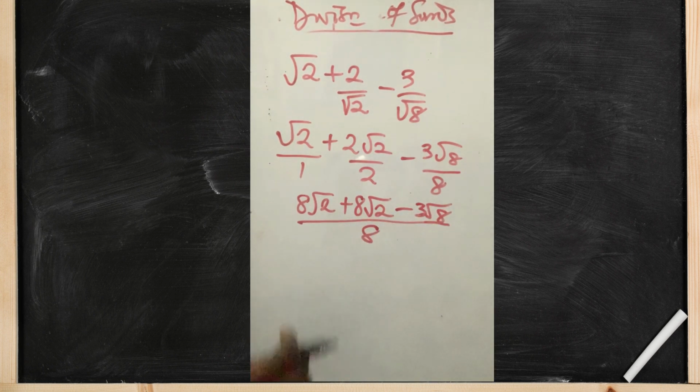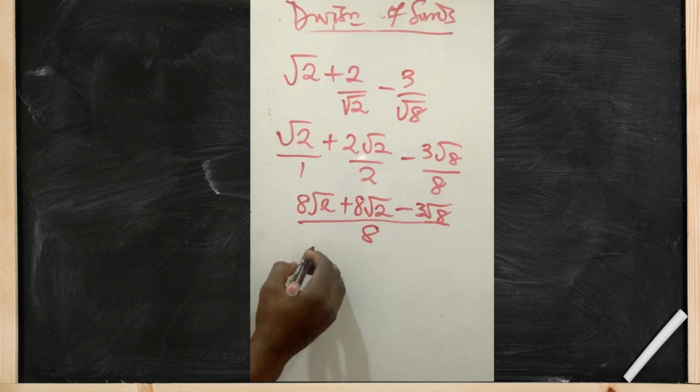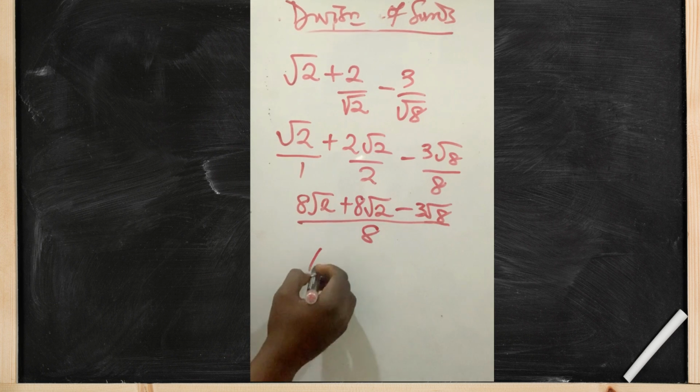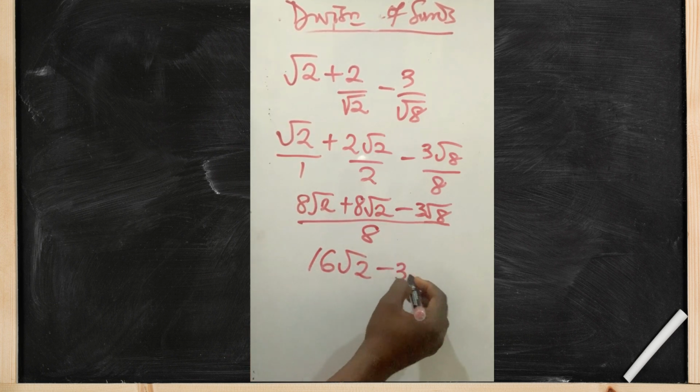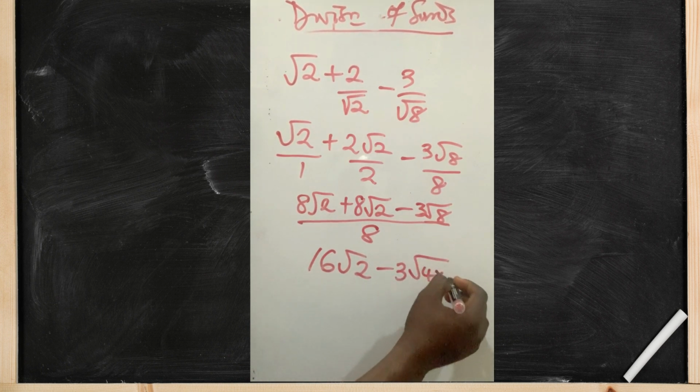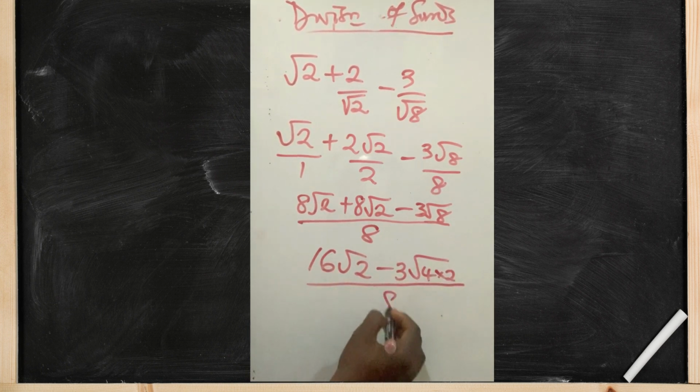So since we already have root 2, it can be concluded that this is 16 root 2 minus 3, 4 times 2 divided by 8, right?